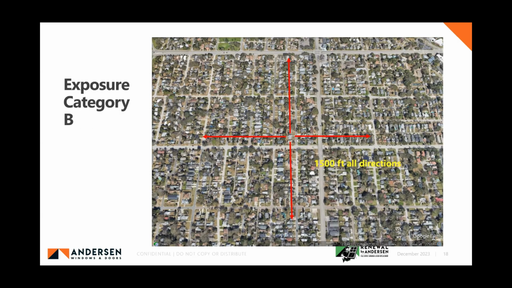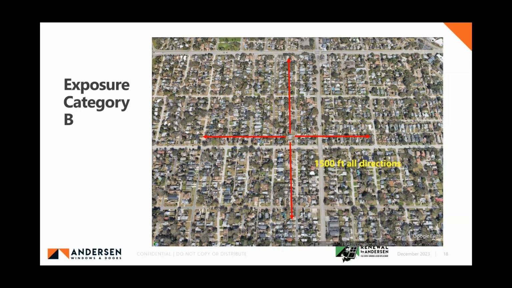So if we look at this picture here, I just picked a building in the middle of this subdivision. If we look in all directions, we can see that we have trees and buildings for 1,500 feet. And I used Google Earth to make the measurement. That's an easy way.